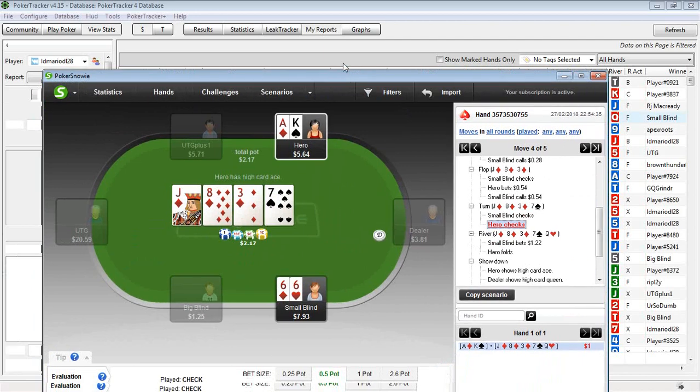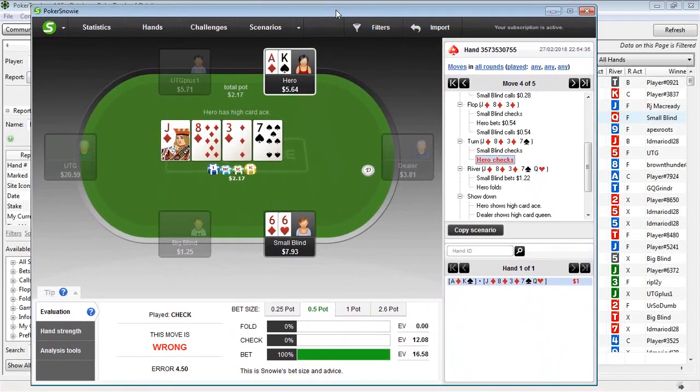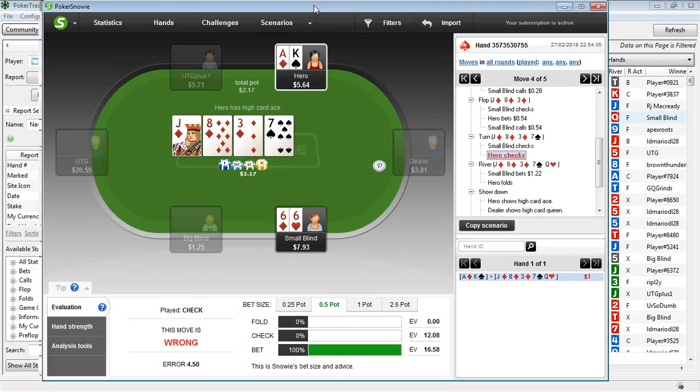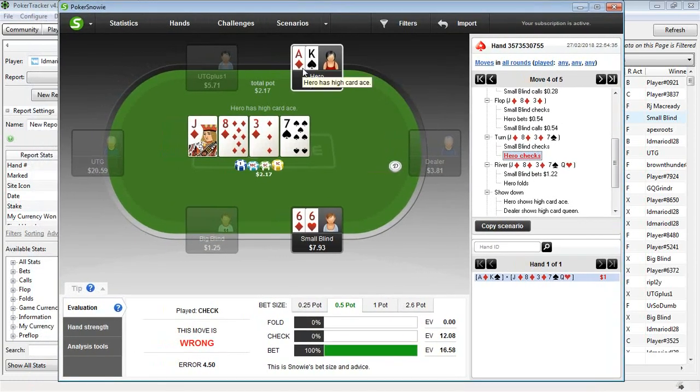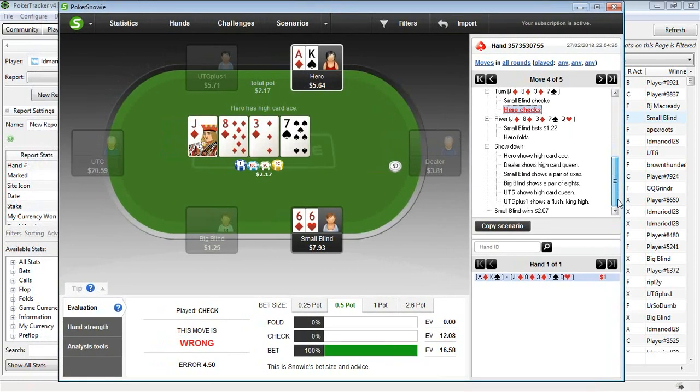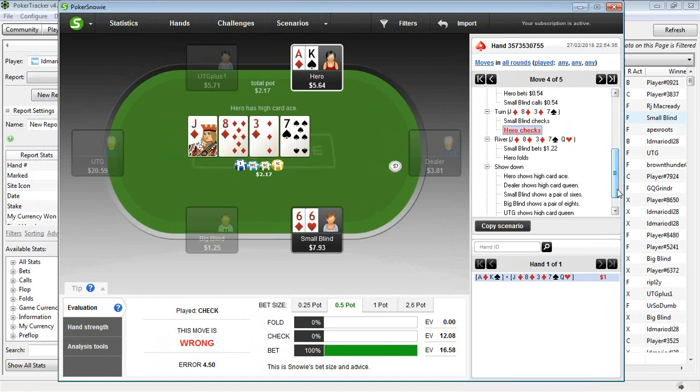Just to mess around with this, I want to see. I'm curious. Ace of Diamonds, King of Spades. What else would I 4-bet here?